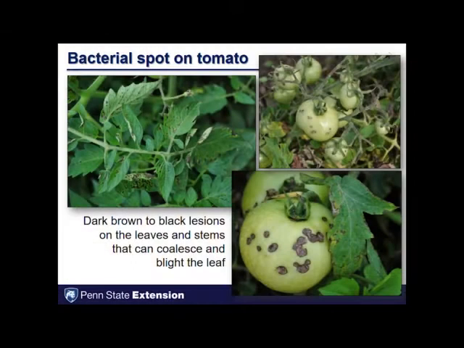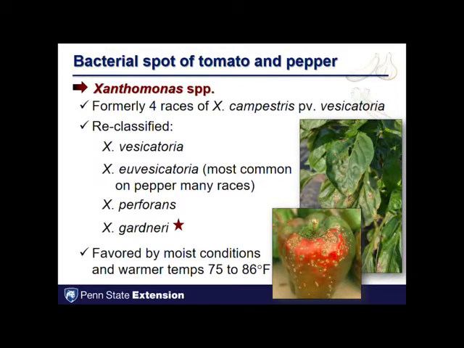The lesions on the leaf are fairly nondescript, and often they can look a lot like early blight when it very first starts. It's small dark spots. They expand a little bit, but more what happens is you get an accumulation of a lot of those spots, and then the leaf will blight down.